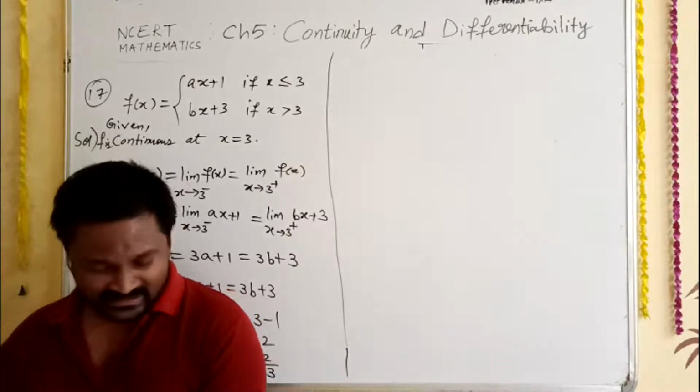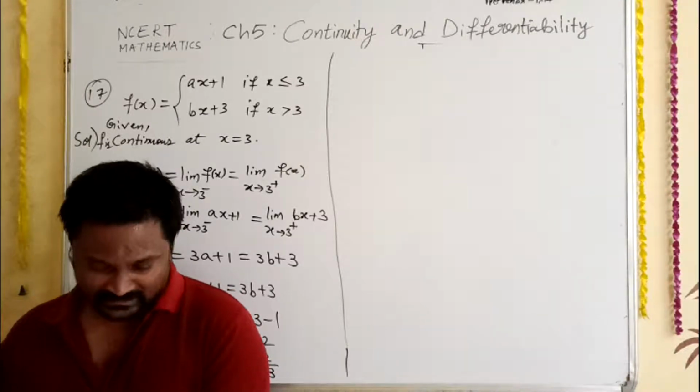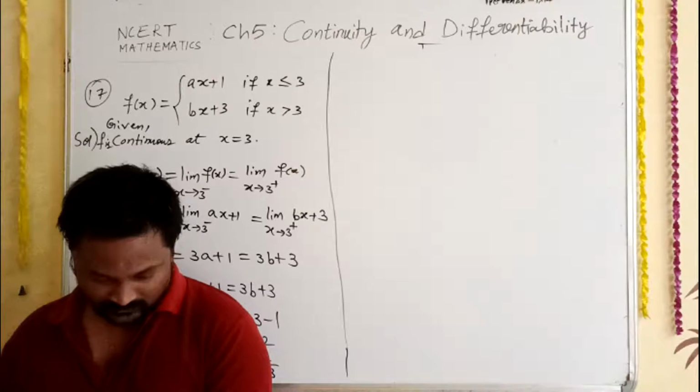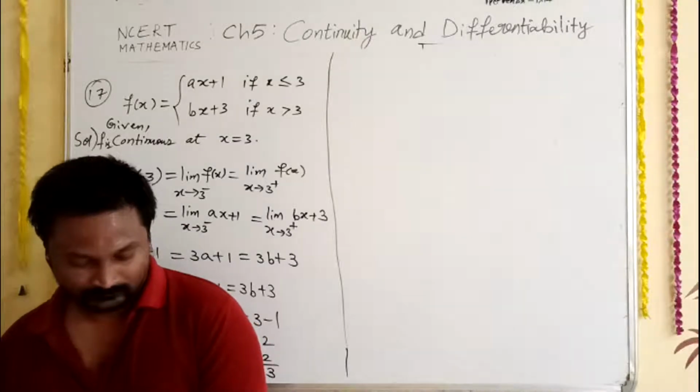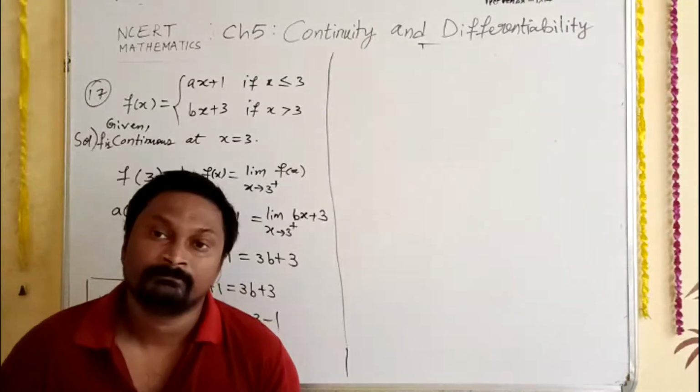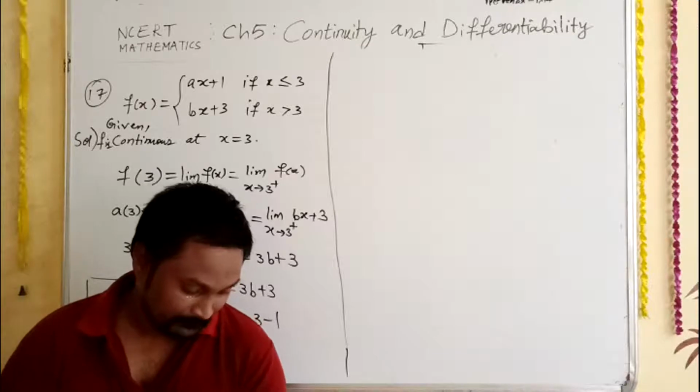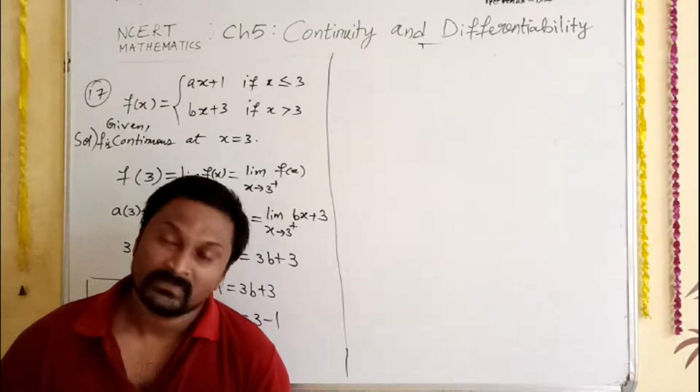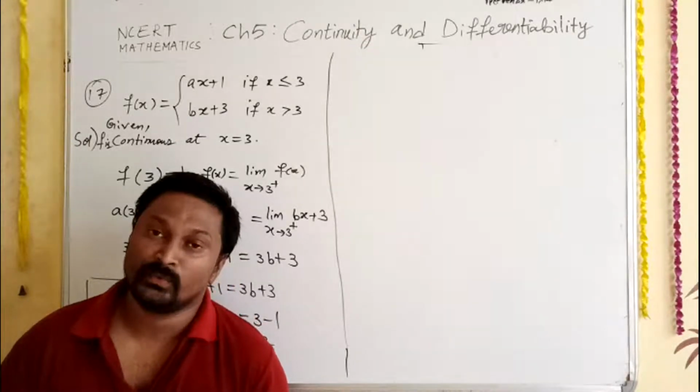Problem number 18, 19, 19 also the same only. The greatest integer function was given, and this is also the easiest one. Same. 18 and 19, do you want or not?